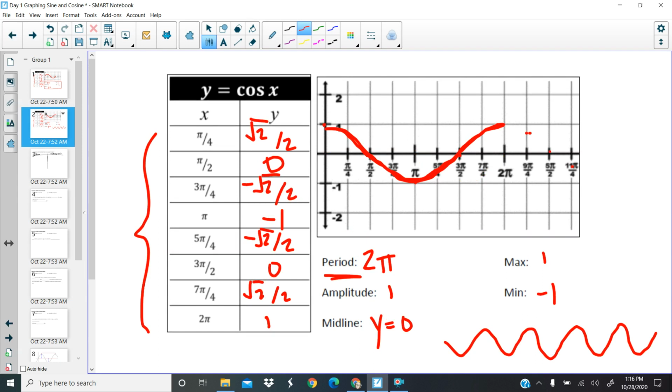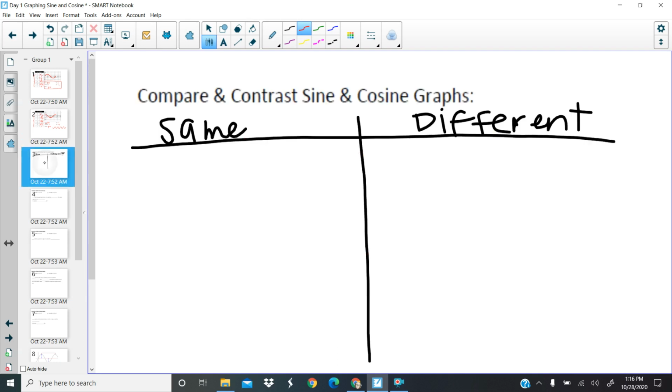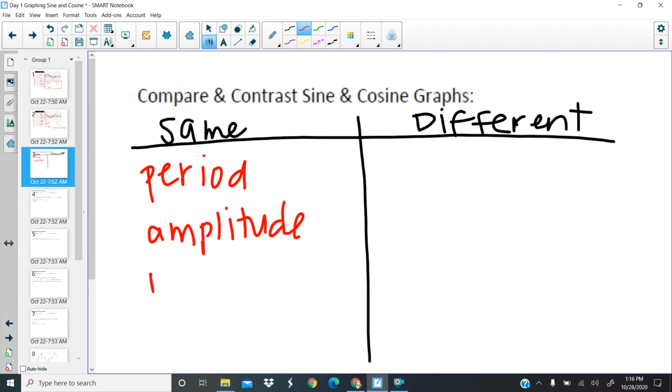So that's all the same information that I had for sine. So for the basic sine and cosine graphs, the things that are going to be the same are the period, the amplitude, and again, we're going to talk about what these are, the max and min, and the midline.